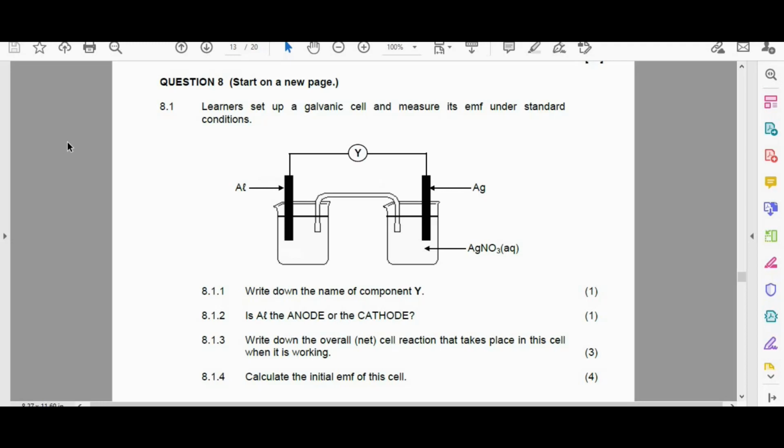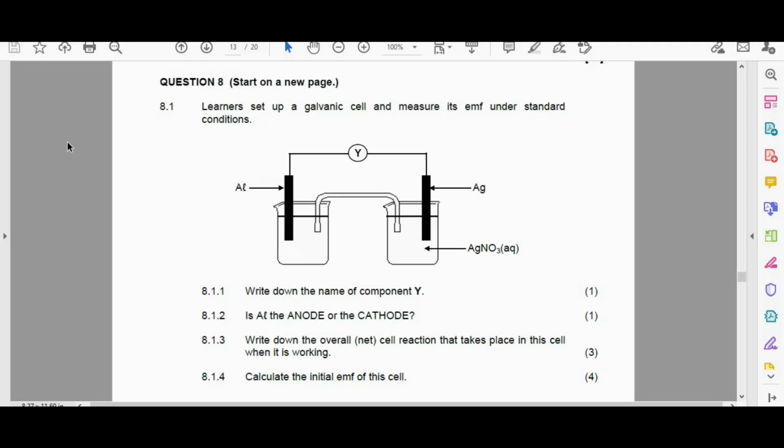Can anybody tell me what's the function of a salt bridge? I think to complete the circuit. Yes, that is the function of a salt bridge, to complete the circuit. But why does it complete the circuit? It allows electrons to flow, all right, from one electrode to another. That's why it completes the circuit.